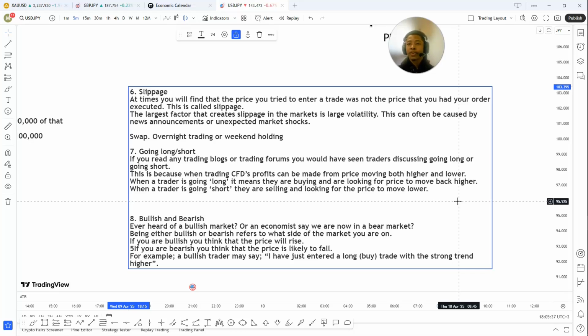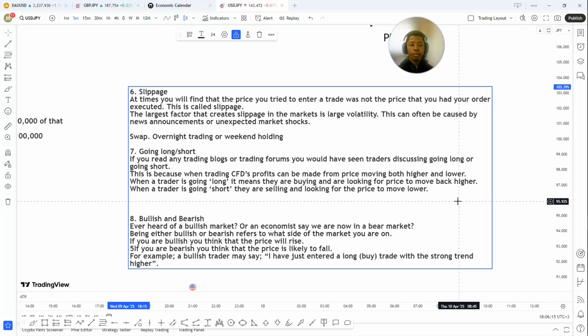So the advantage of trading CFDs, right? In Forex trading, we trade CFDs. The advantage is that you are not only waiting to buy at a low price and sell your position at a high price. You can sell, right, at a high price, even though you don't currently have that asset. You can even sell it at a higher price and then buy it back at a lower price.